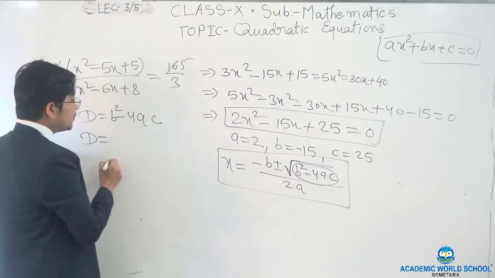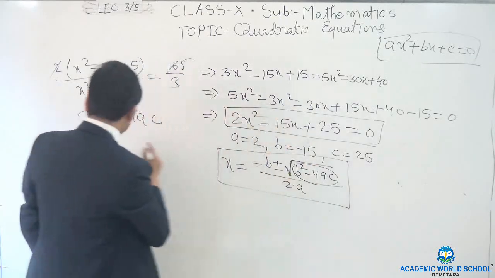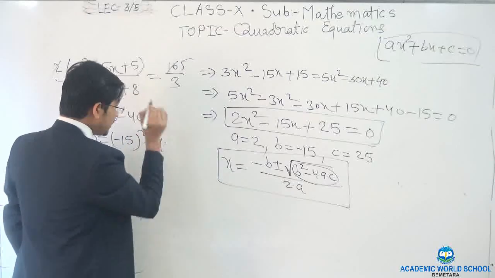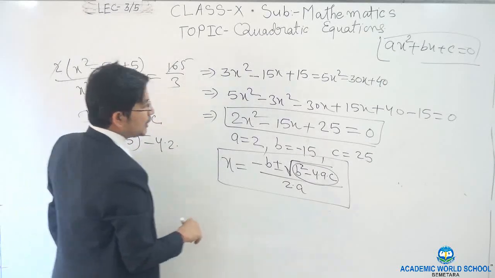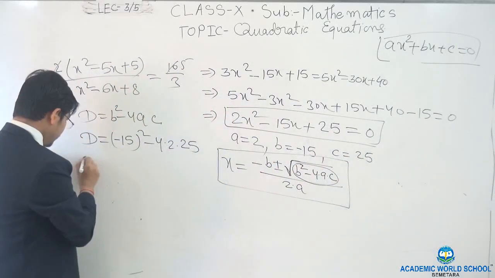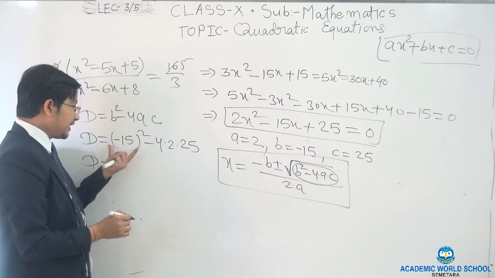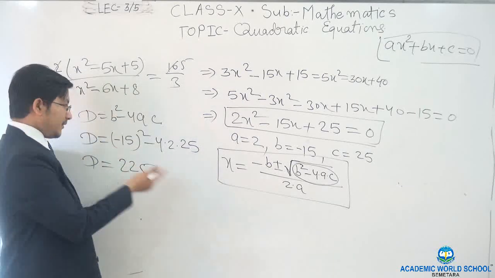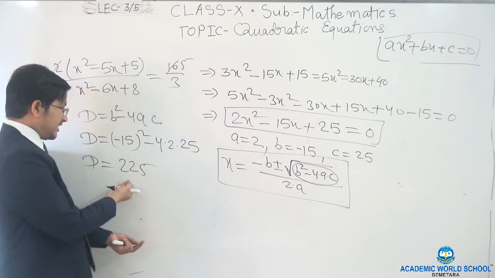Okay, so D is equal to, what is B? B is minus 15. B is minus 15 square, and then minus 4 into A is 2 into C, that is 25. So my dear student, 15 square, we know that this is 225. Okay, square of anything is positive.